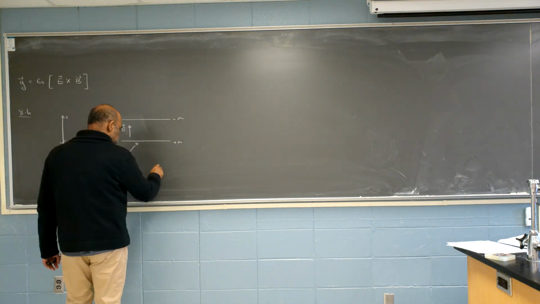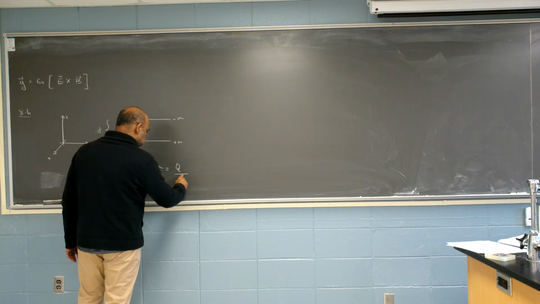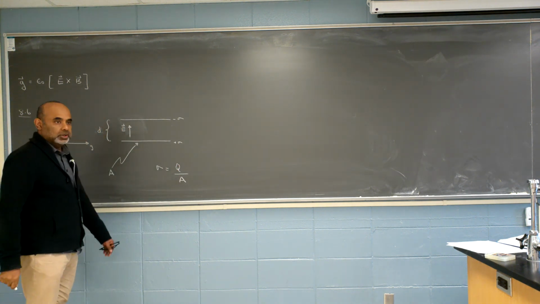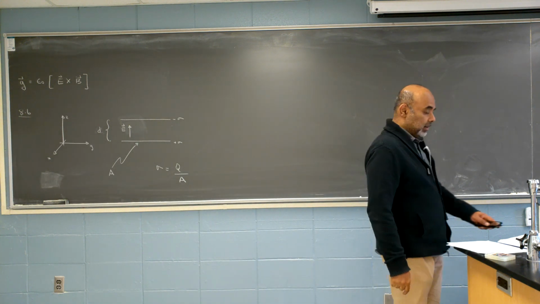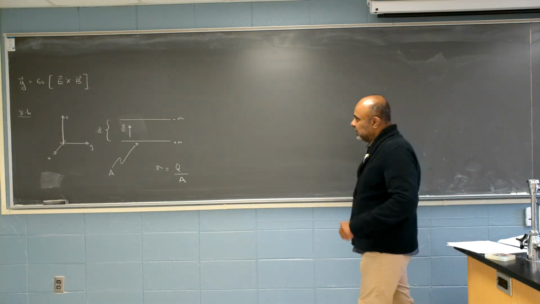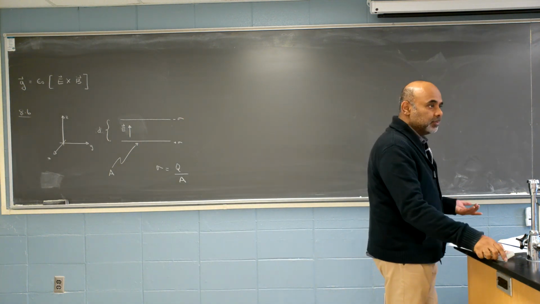Sigma, of course, is a charge density, but let me also write it this way. It's the charge Q on the positive plate. If it's a negative charge, I explicitly denote it as minus sigma.